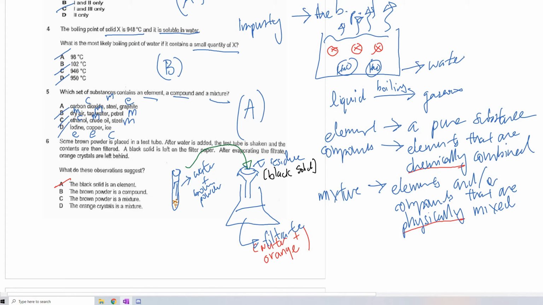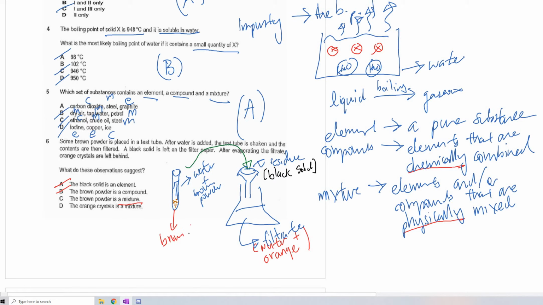Okay, the brown powder is a compound. Okay, the brown powder is not a compound. The brown powder is actually a mixture. Why? Because this black solid over here and the orange crystal over here actually come from the brown powder.